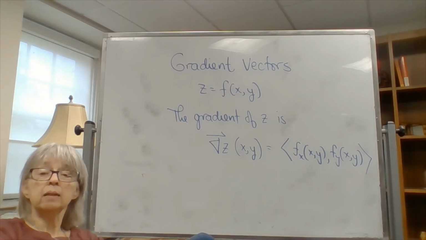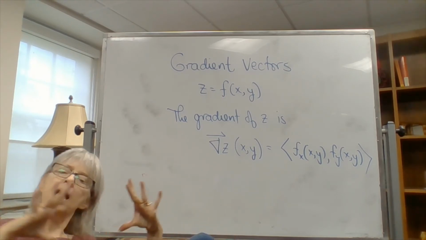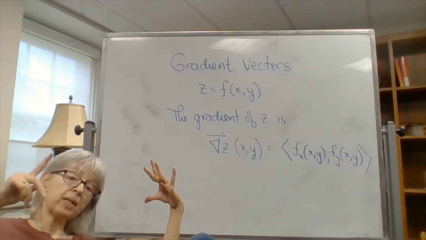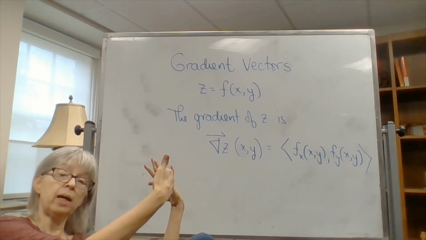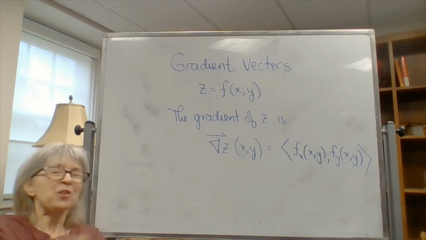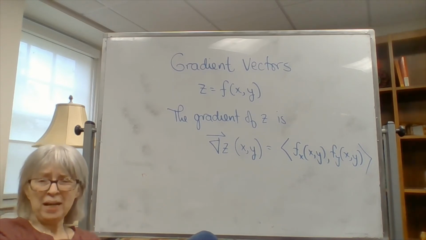Now, if we had three independent variables, x, y, and z, we would have a gradient vector with three components, partial with respect to x, partial with respect to y, partial with respect to z. So since you know how to find partial derivatives, you can find these gradient vectors.